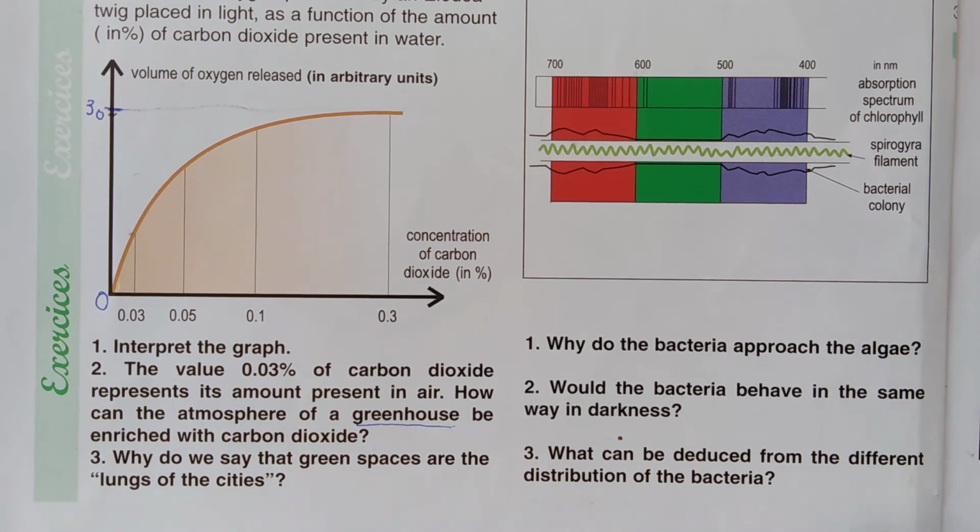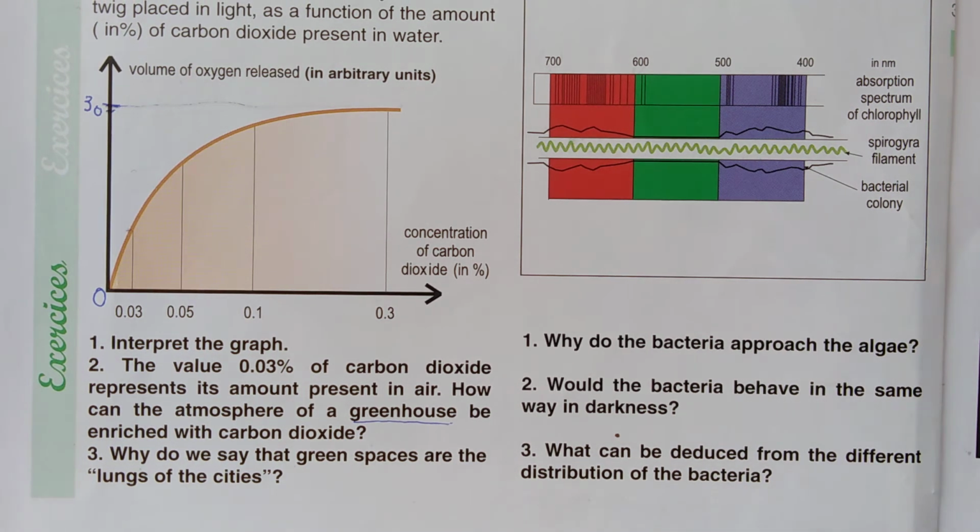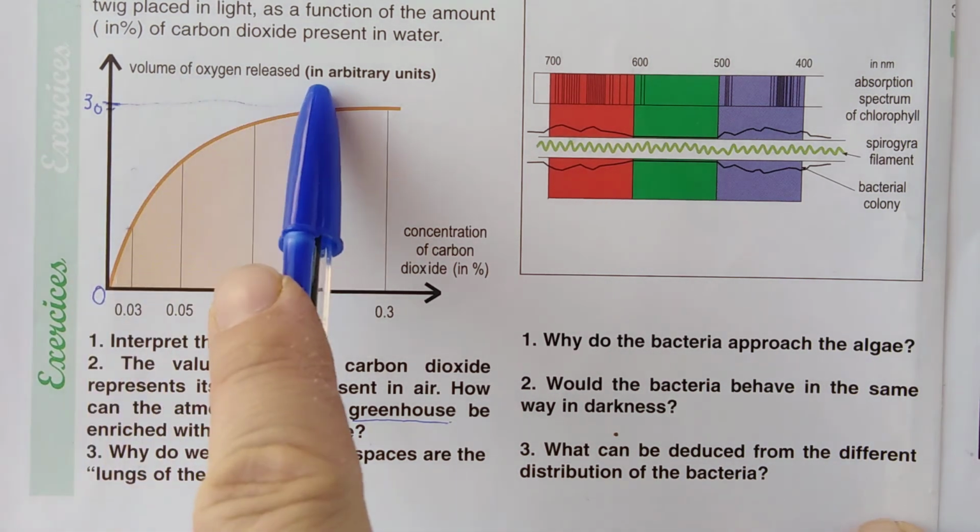Now moving to the third part of this exercise, they said, why do we say that green spaces are the lungs of the cities? Simply because they produce oxygen.